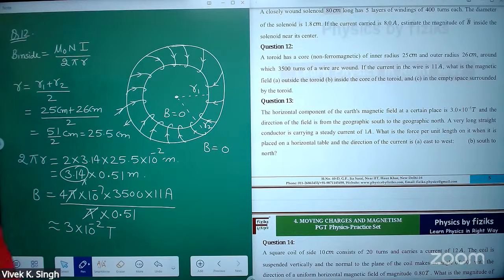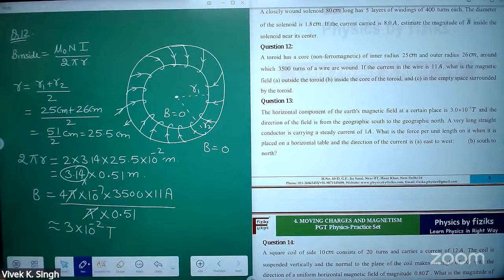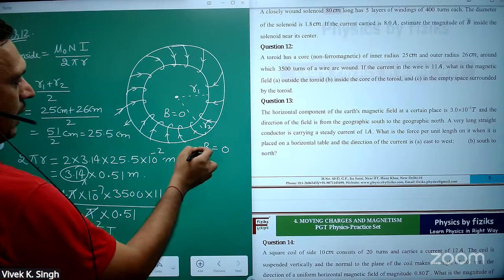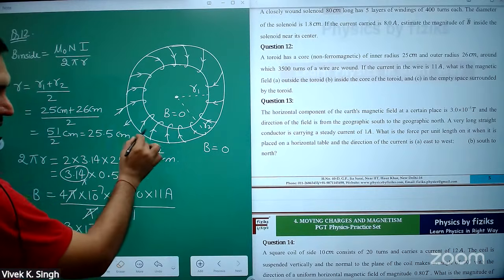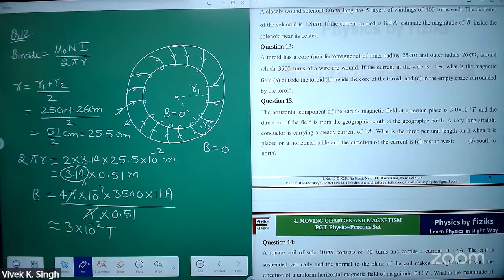Just check the numerical calculation. Is it clear? So that will be the field inside. And again, this field will be in the phi cap direction. And in these two regions, field will be 0. Clear?